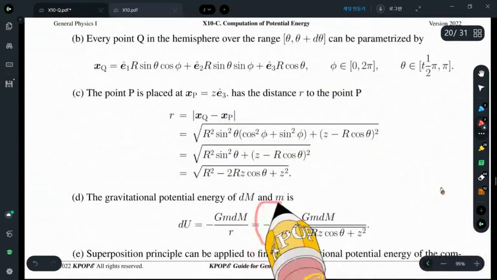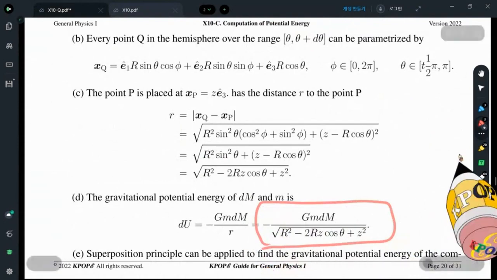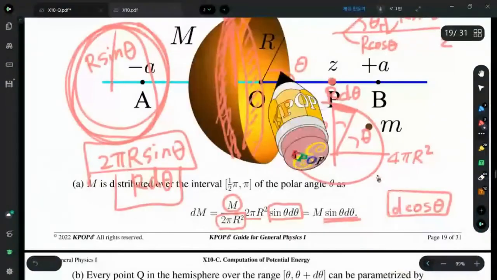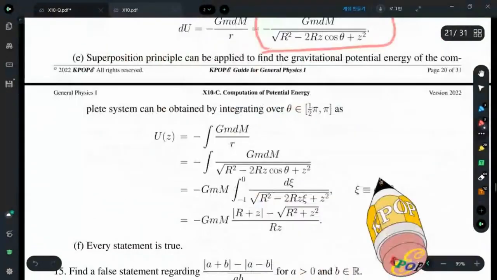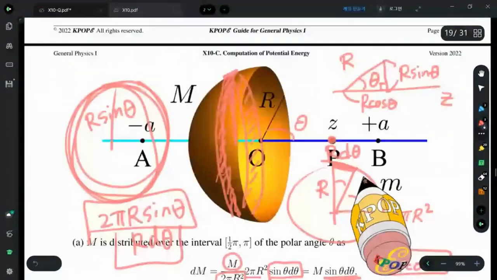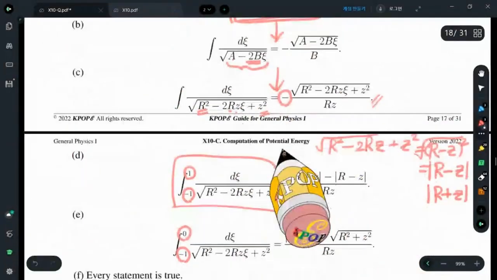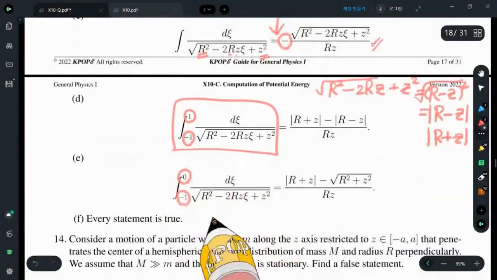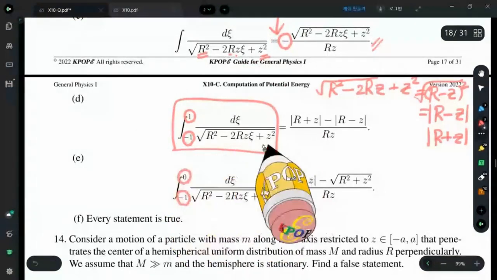The potential energy is simplified in this kind of form, where theta is the angle I have just shown. Then we end up with this kind of integral that we already derived. The integral table is derived in here. Aha, this is for the hemisphere that we are right now considering.